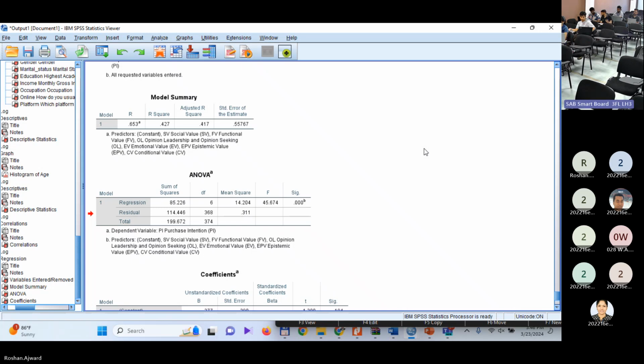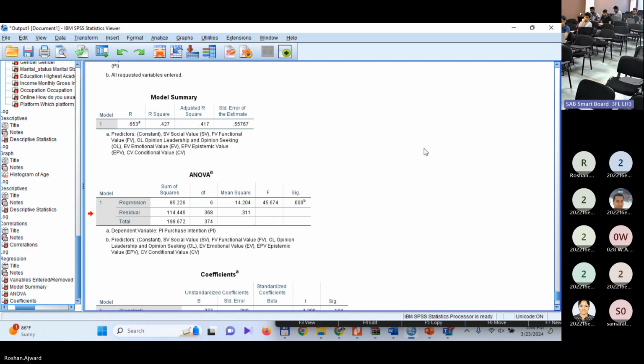We have to look at only the last two columns, where we get the capital F test and its significance. What this test indicates is whether the overall model, the equation, is valid or not.